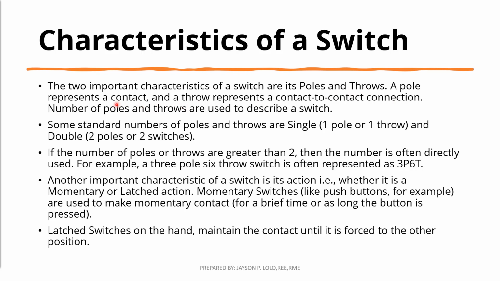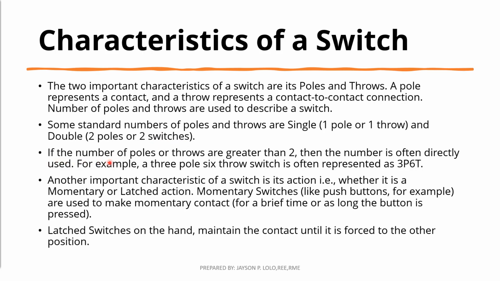A pole represents a contact and a throw represents a contact-to-contact connection. The number of poles and throws are used to describe a switch. Some standard ones are single pole or single throw, and double, two poles or two throws.